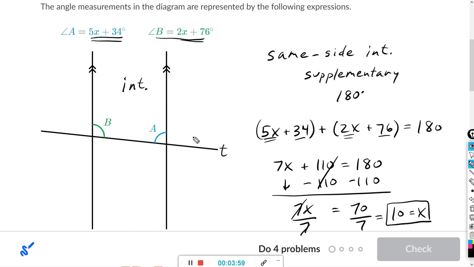But they asked us for the measure of angle A. So this is the expression for angle A. We have to take x equals 10 and plug it in.